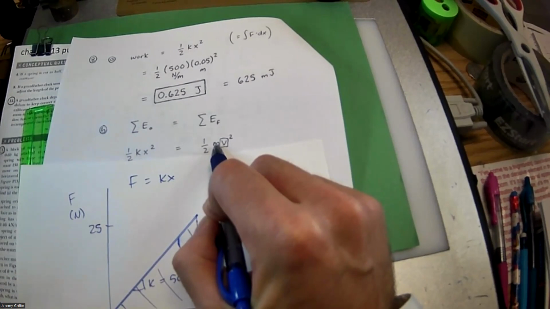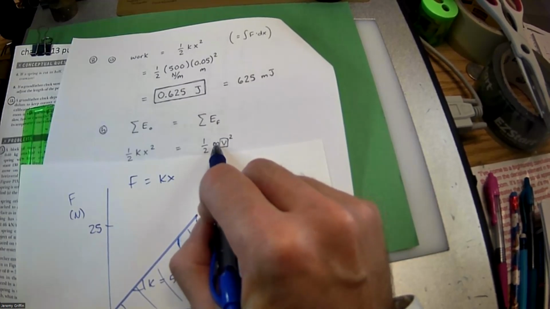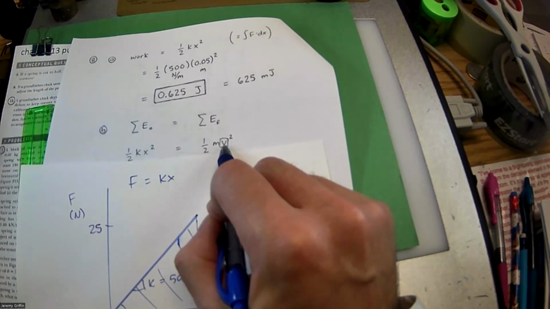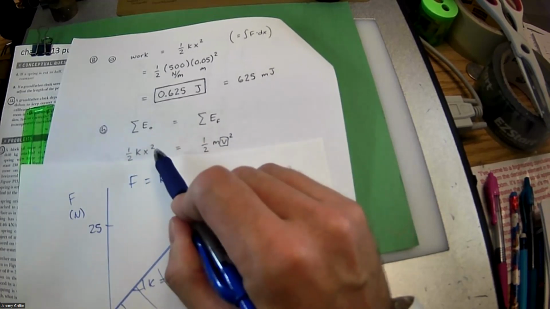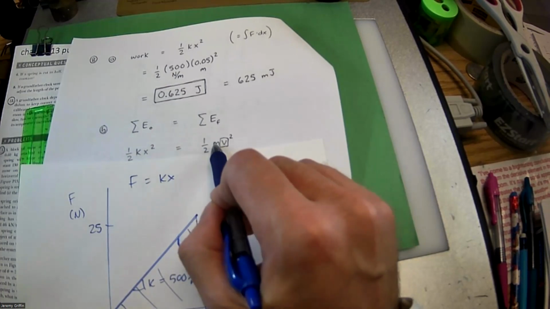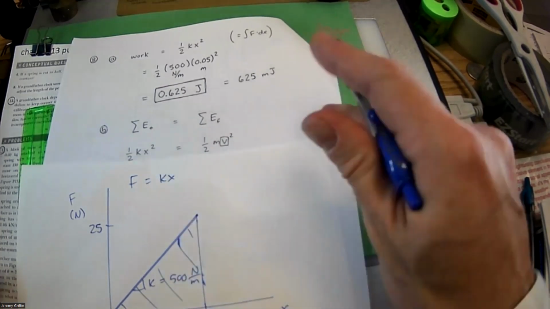Is that going to speed it up or slow it down? It's going to slow it way down, because it has so much more inertia. So 9 times the mass translates to what times the maximum speed? A third, because a third squared times 9 is a wash. It's the same energy. So 9 times the mass, a third times the original speed, it's the same energy.